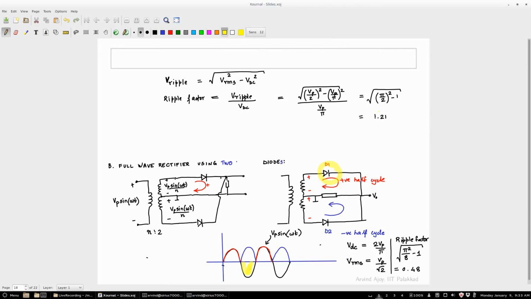What is this? 0.48. Okay. So you see that this is a better supply. Half wave or full wave? Full wave. Why? Because the ripple has come down, right? From 1.2 it is down to 0.48.